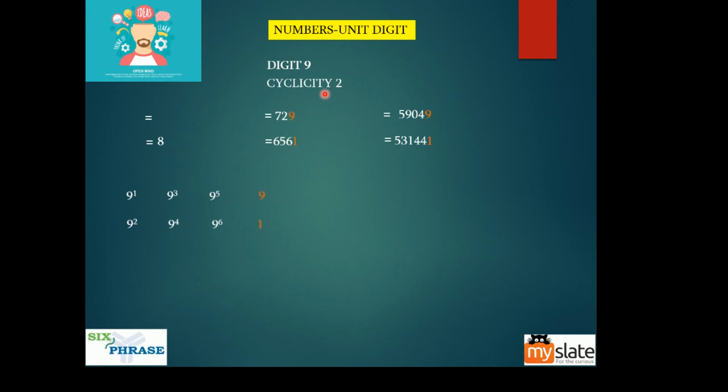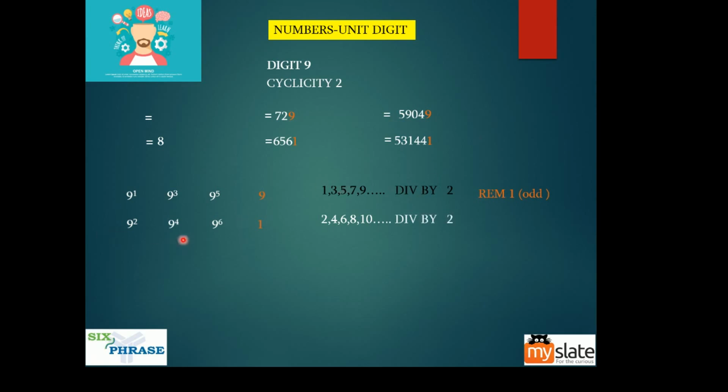So if the powers are 1, 3, 5, 7 and 9, divided by 2, because the cyclicity is 2, you will see that they are odd numbers. If it is odd, 9 is the unit digit. 2, 4, 6, 8, 10 are the powers of these expressions.